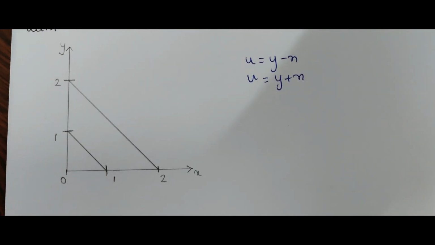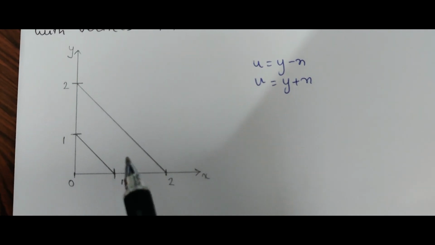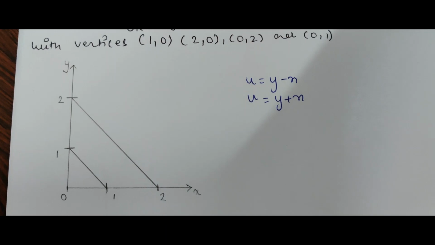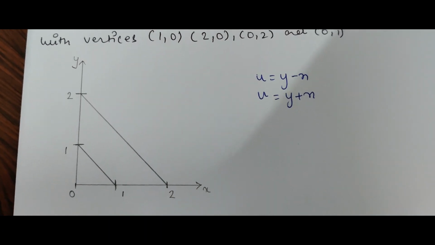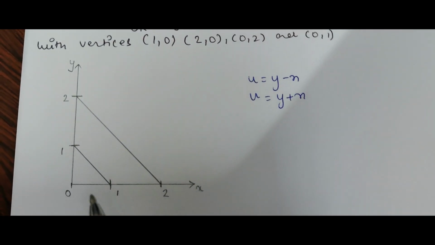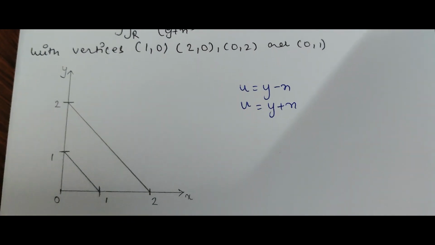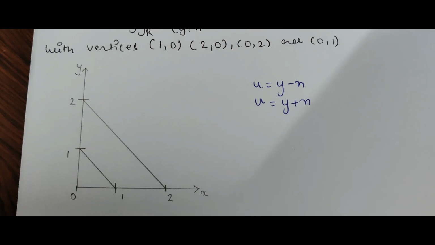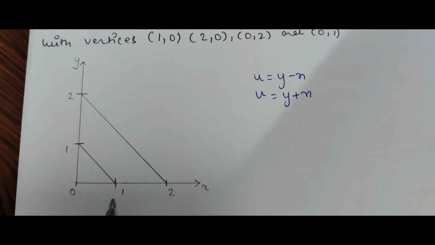To find the limits, as you can see, these are two parallel lines. First we need to take out the equation of these two lines. I'm calculating this mentally. We can see that the y-intercept is at 1, and we will write it in the form y equals mx plus c, where c is 1. m will be negative because of the negative gradient.